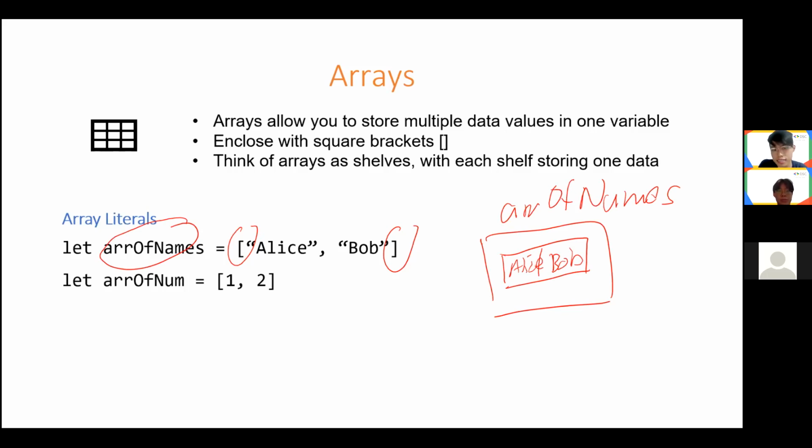The first data inside it is Alice, and the second data is the string Bob. In these arrays, we can store any data type: strings, numbers, Booleans, objects. But of course, the complexity increases as you store more complex stuff.